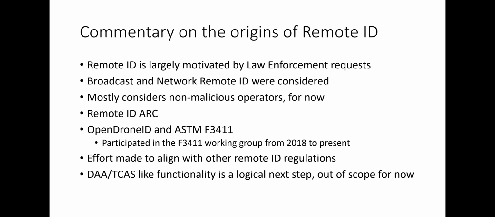There's a few things in there to prevent tampering, but those are kind of vague. There was a large RemoteID ARC, ARC being Aviation Rulemaking Committee or Commission, I forget which, that preceded the release of the proposed rulemaking with the draft of the Part 89 rule.